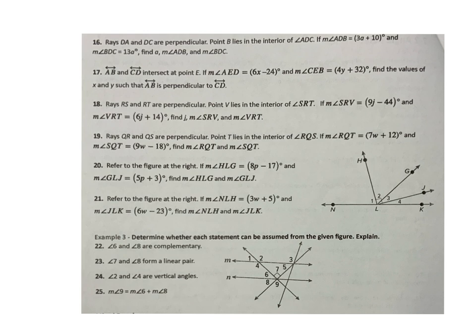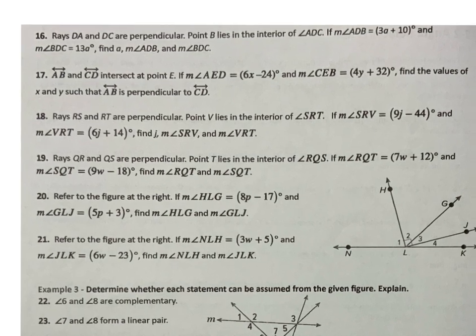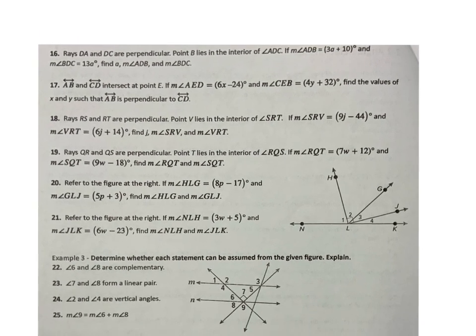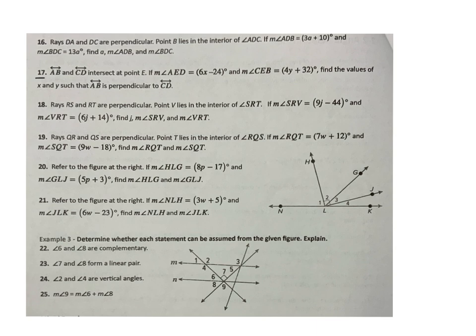If we look on the back, let's see, I can probably find a couple more here to do real quick. How about number 17? It says AB and CD intersect at point E. Okay, not a very pretty line.